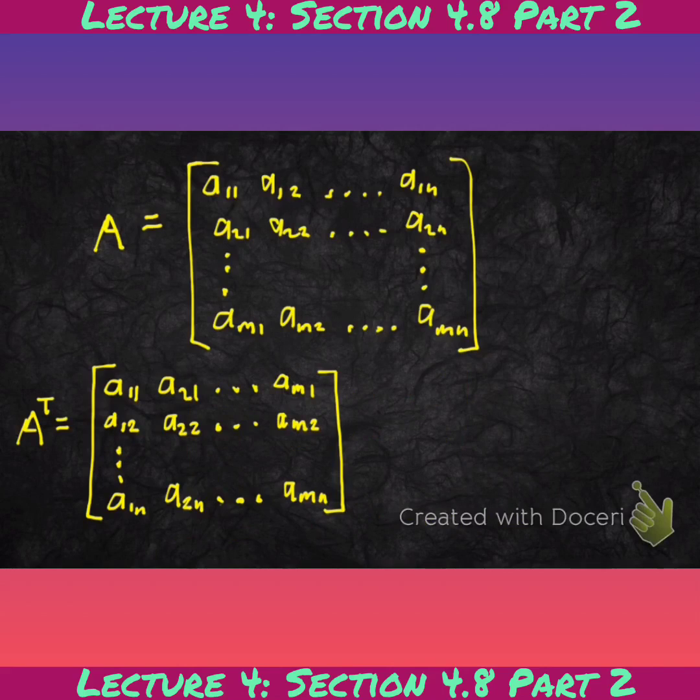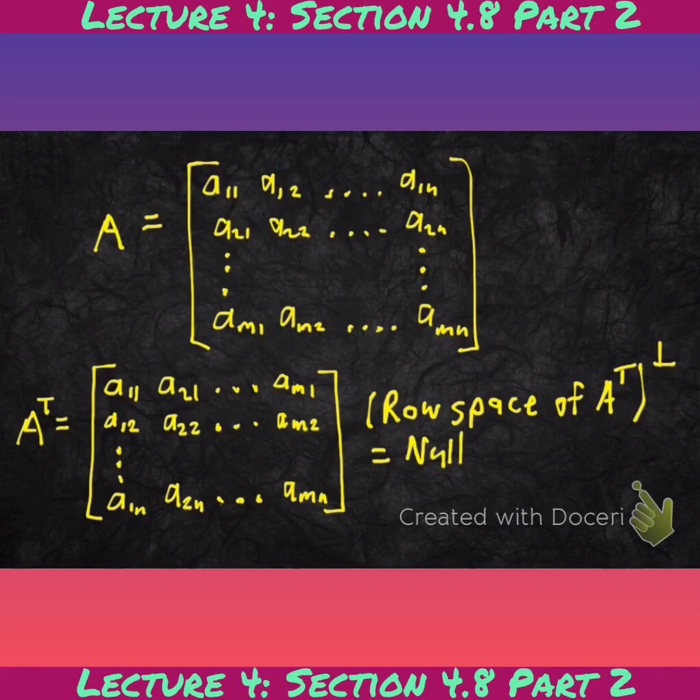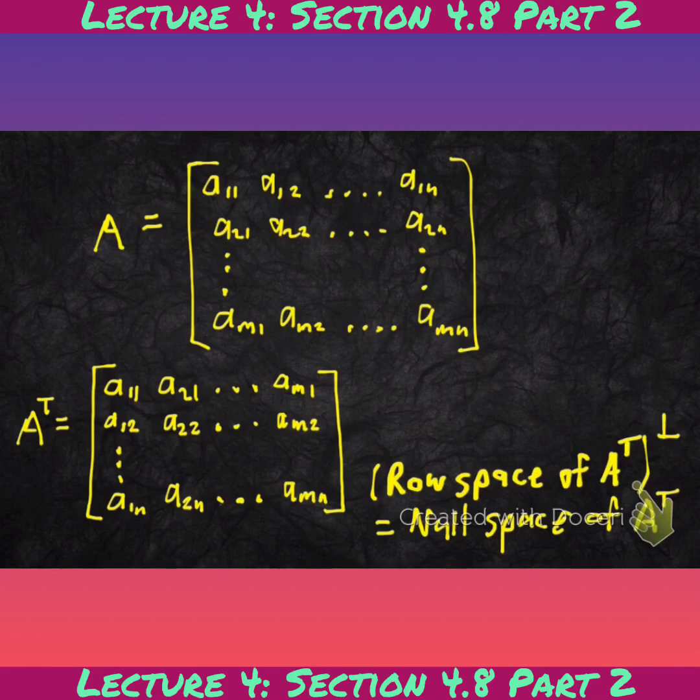Alright, so taking the row space of the transpose of the matrix A, if we look at the orthogonal complement of that set, then that is going to be the null space of the matrix A transpose. Now, what do we know about the row space of A's transpose?